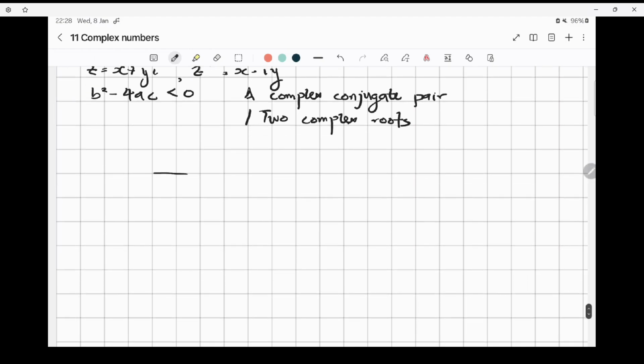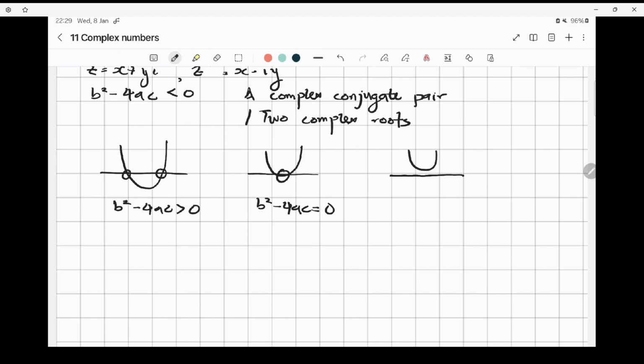So if you draw the quadratic equation again, this is when b squared minus 4ac is greater than 0. You have two real roots. When b squared minus 4ac equals 0, you have two equal real roots. That's why you only intercept your x-axis once.